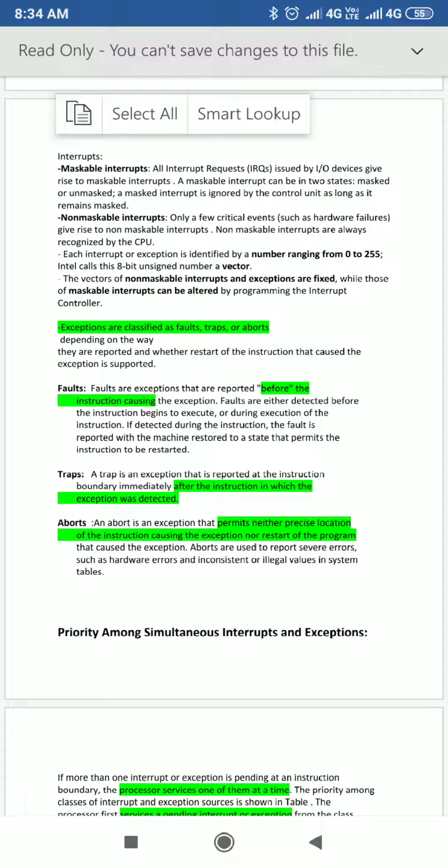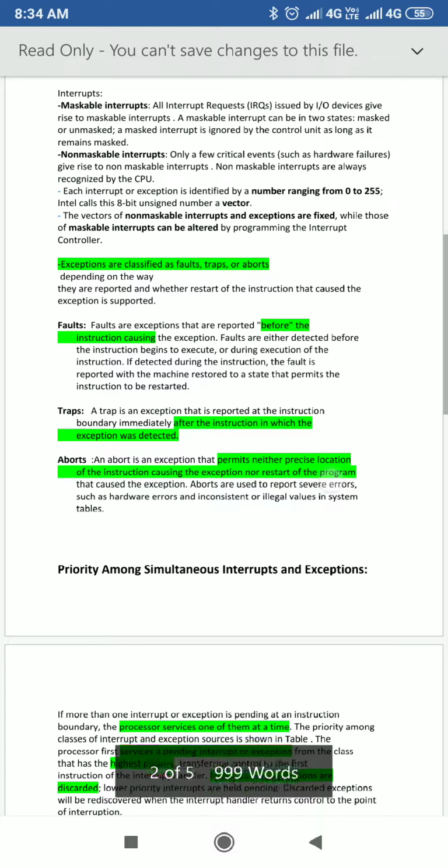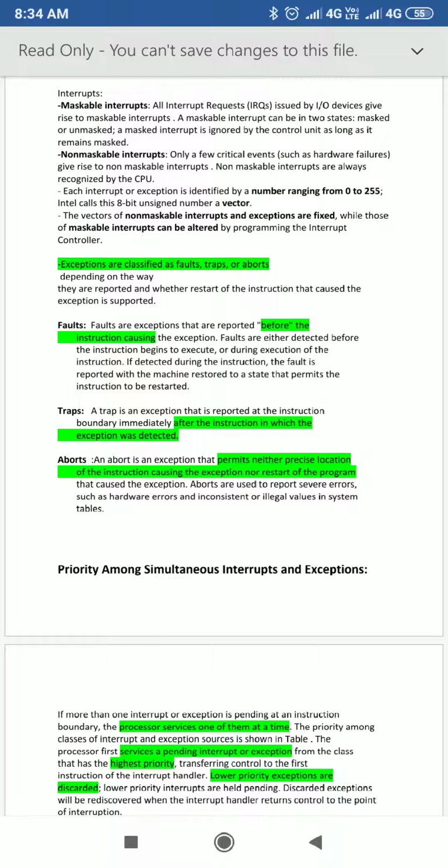The interrupt is specified by the number as a part of the instruction. For example, the INT 0 instruction can be used to send execution to the divide by 0 handler. As I told you in the example, the divide by 0 error is denoted by the instruction INT 0.